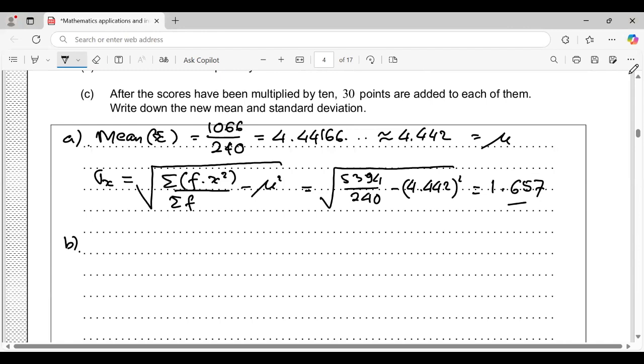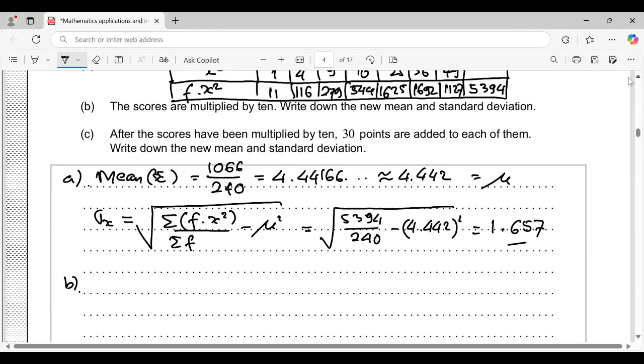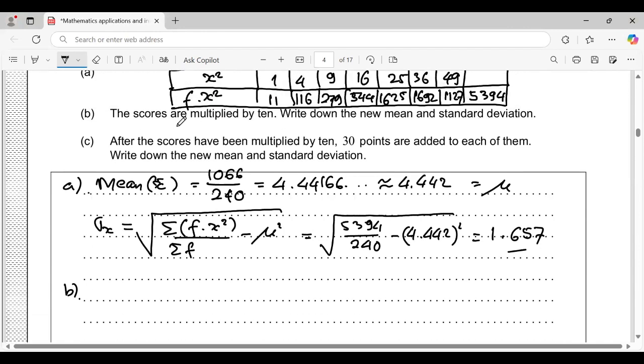B. The scores are multiplied by 10. Write down the new mean and standard deviation.